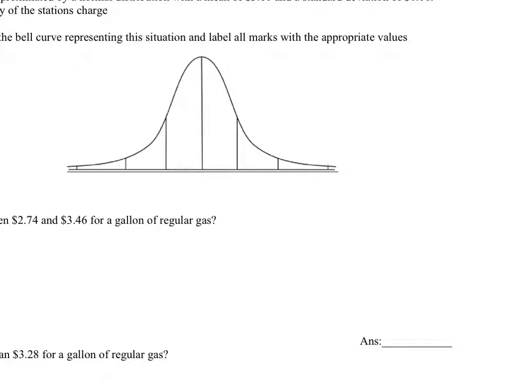So let me start with the percentages right here. I'm going to do all my percentages in blue. If we do the percentages from the previous page, these are always the same as long as it's normally distributed. We know the tails are 0.15%. The next section is 2.35%.